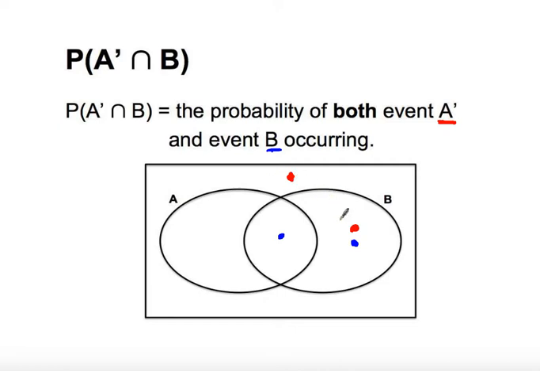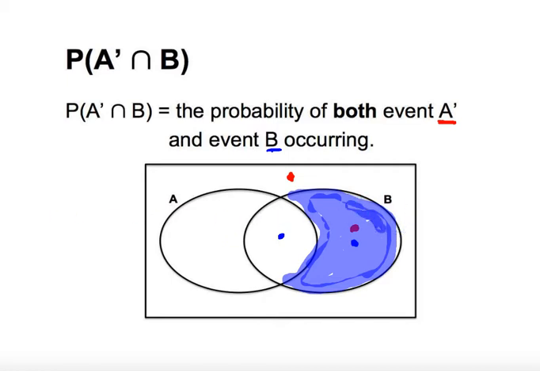So where does both A complement and B complement occur? Well, we're talking about the region with the two dots in. And so I'm looking all around inside this region here. Okay, so I hope that makes sense.